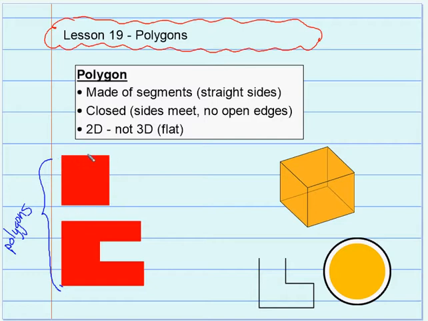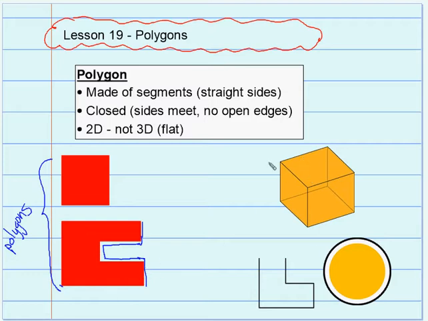So this segment meets up with another segment, so it's closed, and it is flat. It's two-dimensional. This shape down here, well, it has a way in, right? It has a little notch out, but the edges are still segments. This segment, that segment, this segment. Do you see how even though it has a little notch out, it still is very much connected? All those sides are connected to the next one.